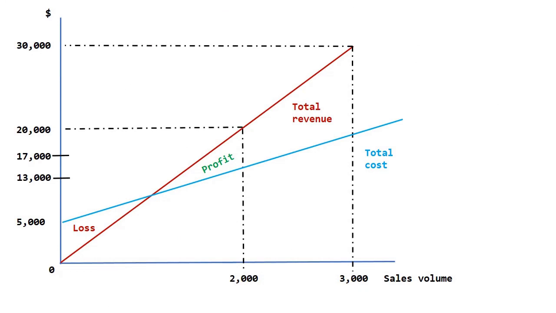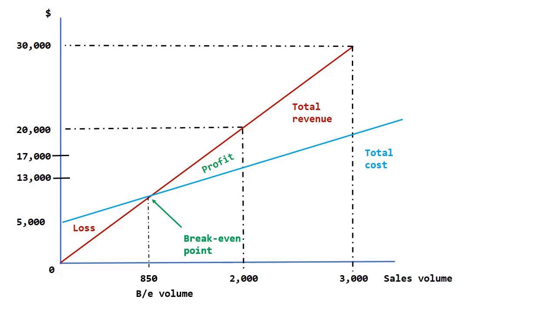Now that we have the total revenue and total cost lines both plotted on the graph, we can find the break-even point to be the volume at which the lines cross, and therefore total revenue equals total cost, and neither a profit nor a loss is made. If we track this point back to the x-axis, we can see that the break-even point is at approximately 850 units.